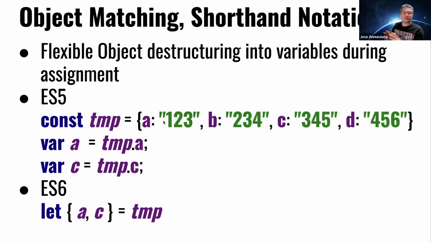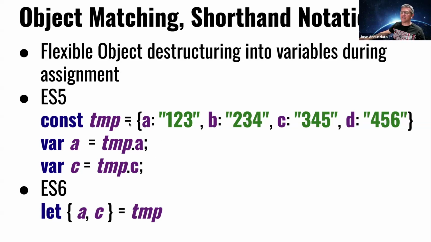Now you can do something similar with the object syntax. So here we have an example using the older syntax where we declare a JSON object of A, B, C, and D with different values, 1, 2, 3, 2, 3, 4, and so on and so forth. And if you want to extract each individual item, we can use the dot notation to have access to each item by their name, dot A, dot B, dot C over here.